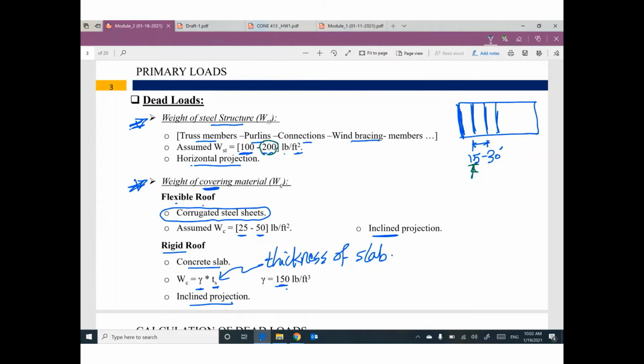Or if you assume the spacing is 30 feet, so we have a long spacing. We have little of main system. So we have less weight. So I'm gonna assume it 100.